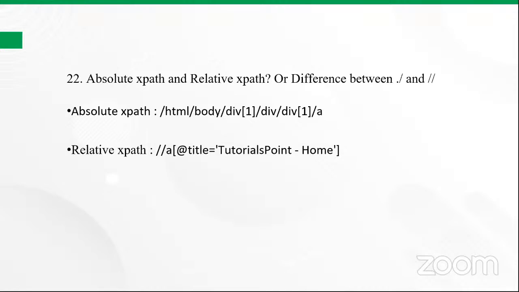The absolute XPath has the complete path beginning from the root to the element which we want to identify. An absolute XPath starts with a forward slash. You can see, right? It starts from the root: /html/body/div[1]/div[1]/a. The a represents the link tag, right? If you want to navigate to that, you have to write the complete path beginning from the root.